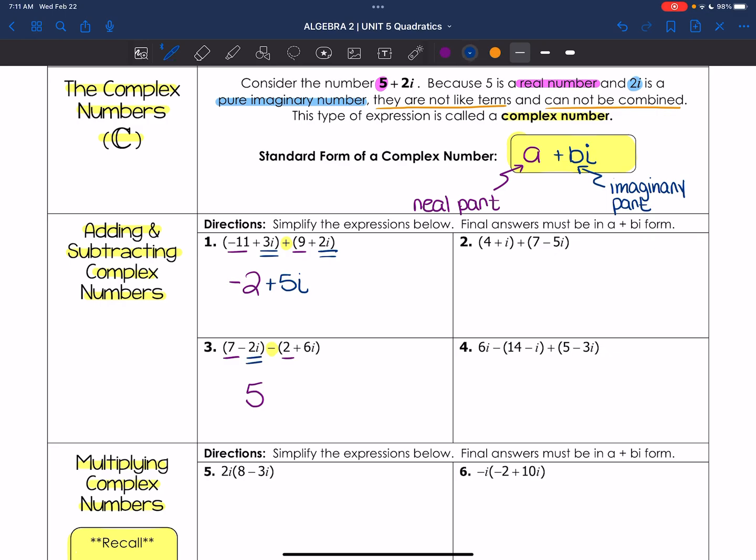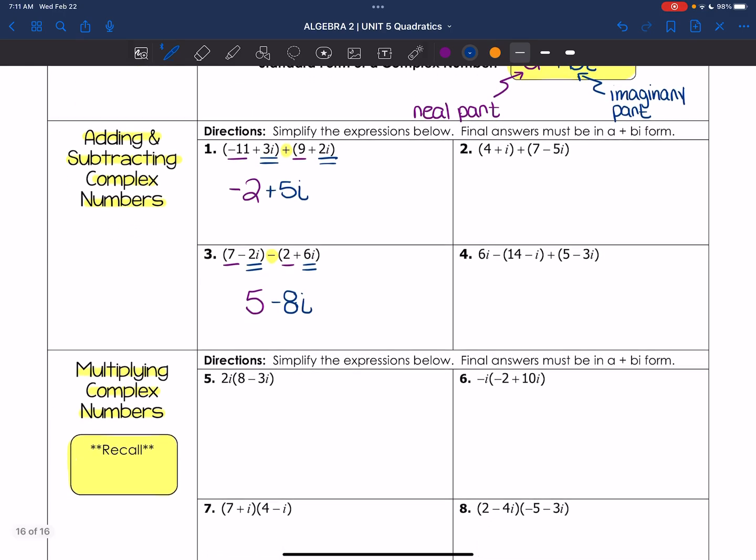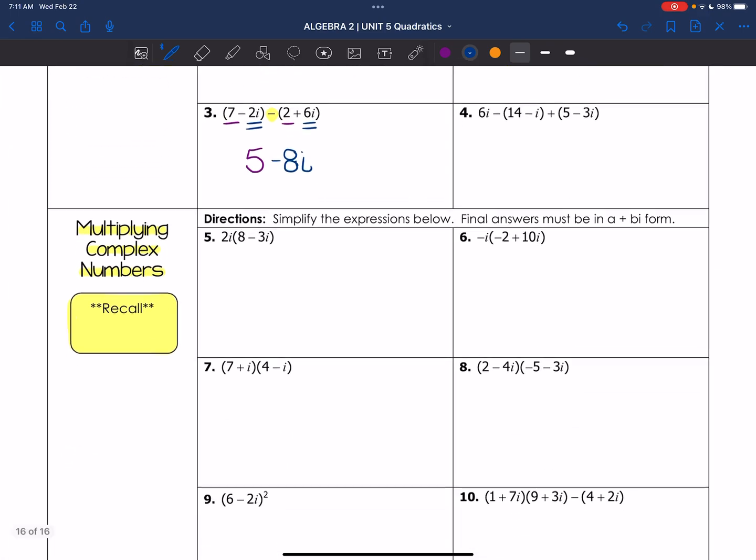And likewise, negative 2 minus 6, which is a negative 8i. So you've just got to be very careful there that when you are combining, you identify: is it addition or subtraction that we are applying?